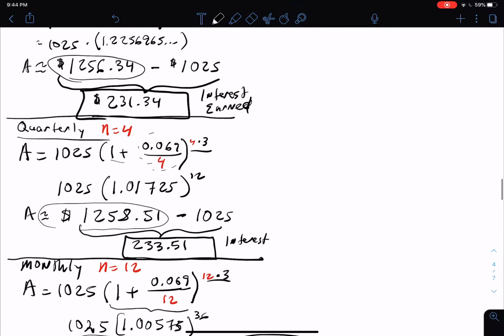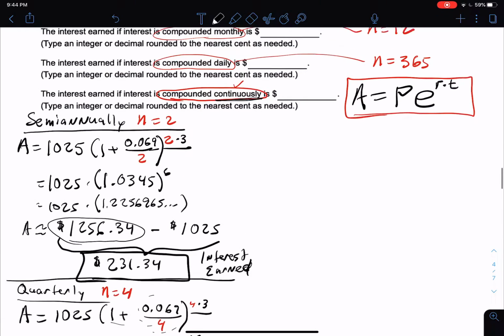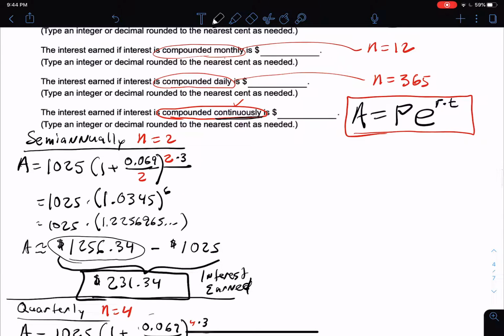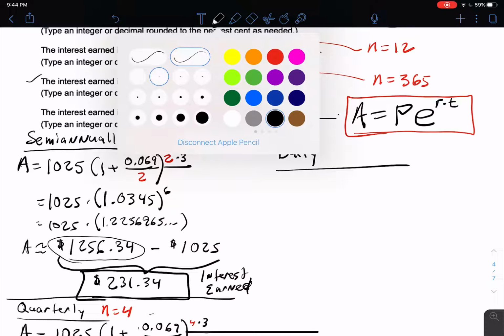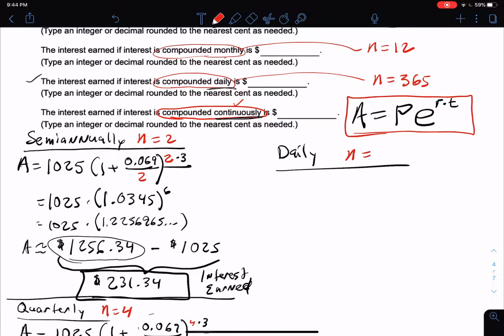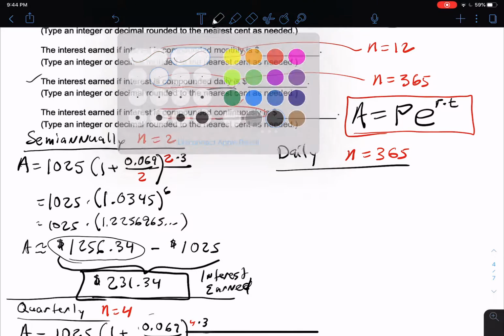I'm running out of space, so I'm trying to squeeze all this stuff in. Here we are. We just did monthly. Now we're doing compounded daily. So daily. Of course, with daily compounding periods, it happens 365 times a year. So what is our problem?